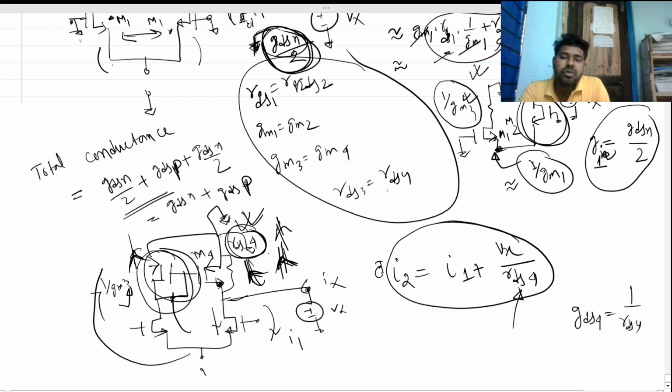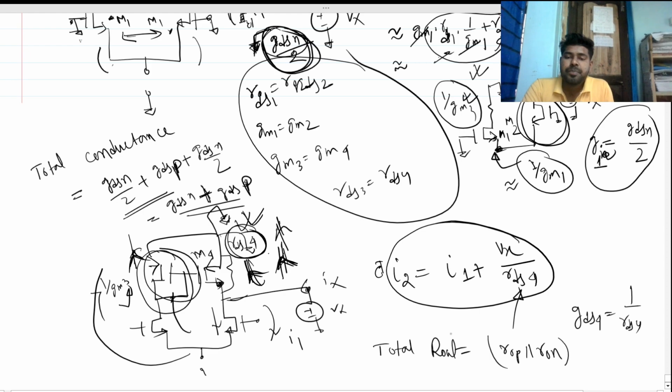So the two conductances come in summation format. The resistance comes in parallel, right? Converting to resistance, the total Rout will be ROP parallel RON. So we are getting the same thing, but the circuit actually behaves in this manner.